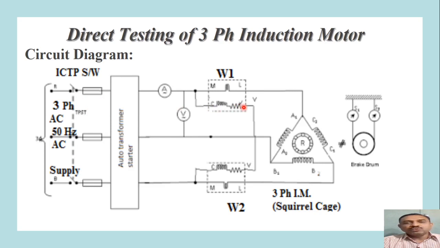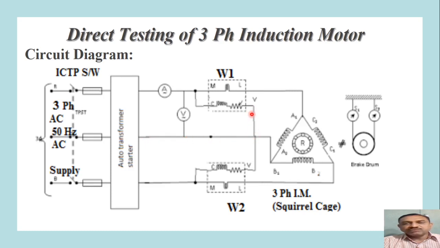Now here the two wattmeters are connected in a special way. Wattmeter W1 has its current coil connected in the R phase, while wattmeter W2 has its current coil connected in the B phase. The second terminals of the pressure coils of both wattmeters, marked as V, are connected together, and they are finally connected to the Y phase line as shown in this figure.